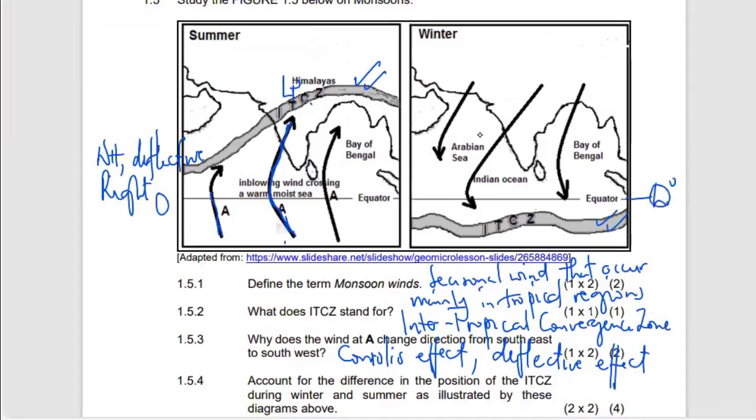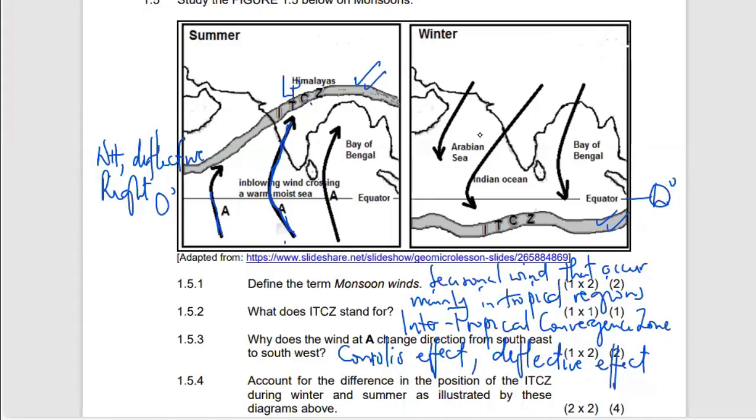So we are saying account for the difference of the ITCZ. The Intertropical Convergence Zone lies directly at a perpendicular angle with the sun's overhead position, which means it's an area of low pressure which is created by the intensive heating caused by the sun's overhead direct position with the ground surface.